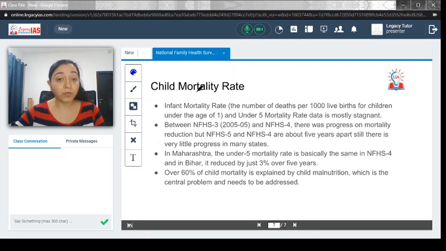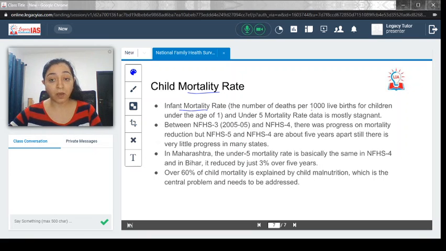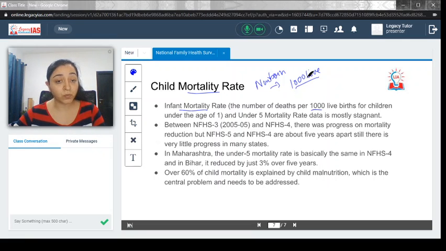Next is the child mortality rate, another parameter which is measured. The infant mortality rate is the number of deaths per 1,000 live births. So for every 1,000 live births, how many of them have died is what is known as the infant mortality rate.